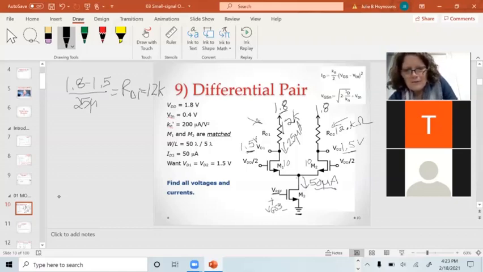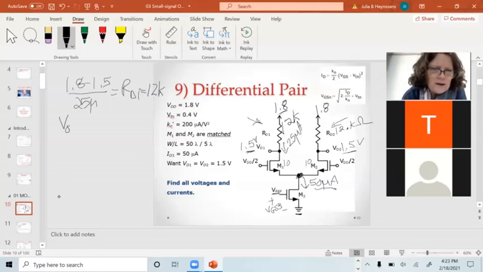We don't know what VS is yet, but we know the current of M1, and we can calculate its V over voltage because we know the current. So VOV, and it's really important at this point to get in the habit of saying, this is VOV of transistor 1. Use those subscripts. It will keep you from going batty when you're doing these calculations.